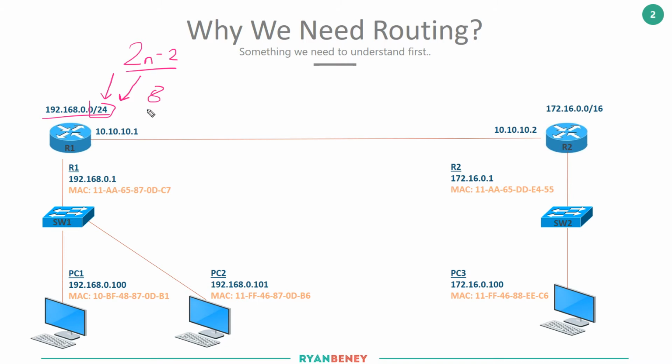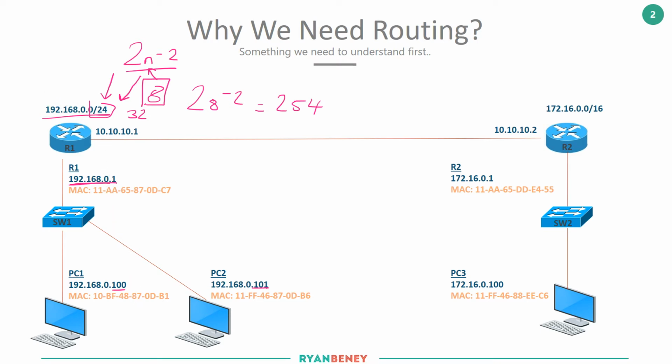In this case it would be 8, because there are 24 bits turned on, and because there's 32 in total, that means there's 8 bits left off, and putting 8 where n is gives us 2 to the power of 8 minus 2, which is 254 usable IPs. From that range, you can see I've assigned IPs of the 192.168.0.1, 101 and 100.